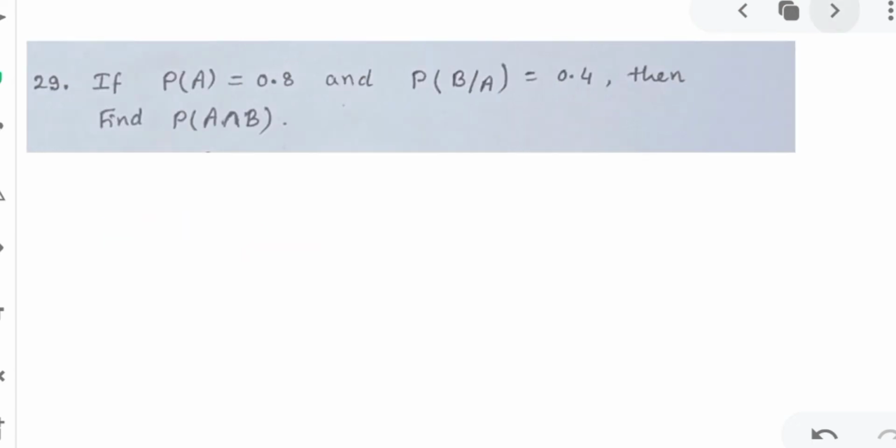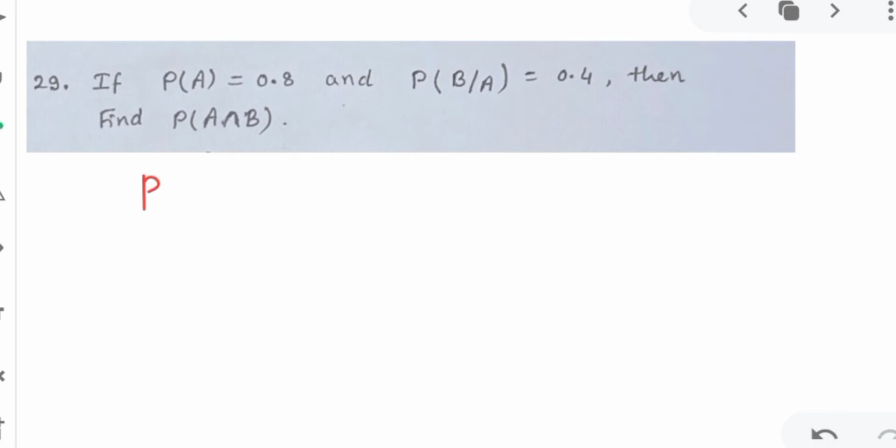Okay, so we'll move to the next question, question number 29. Probability of A is given, probability of B/A is given, and then we have to find the probability of A intersection B. So we know the formula.